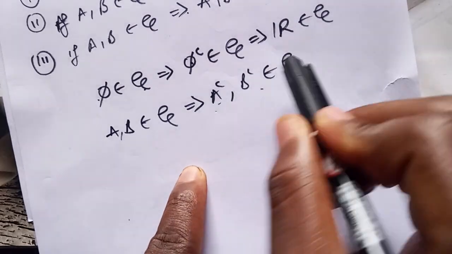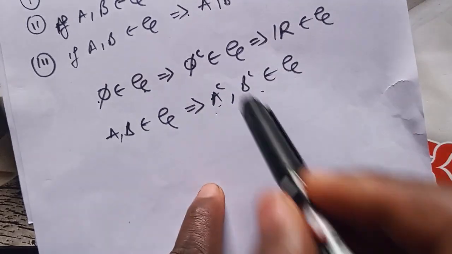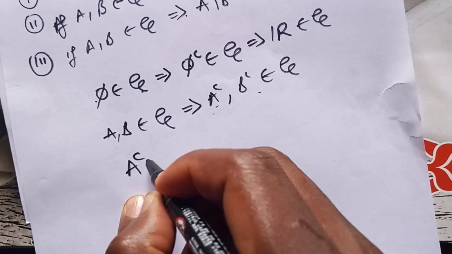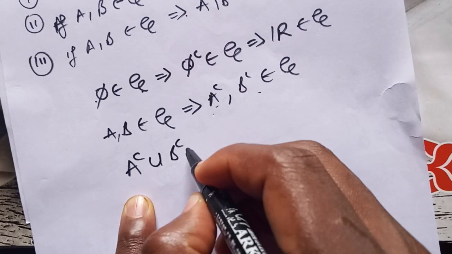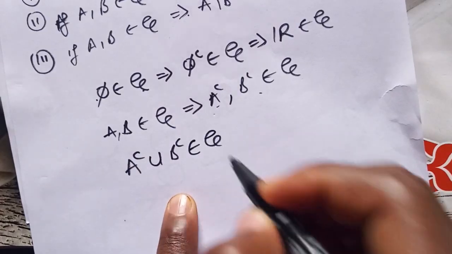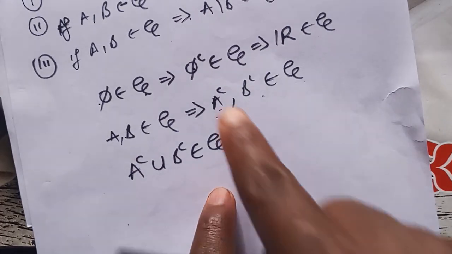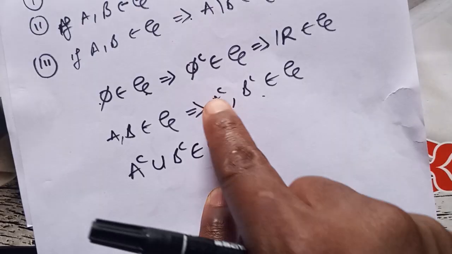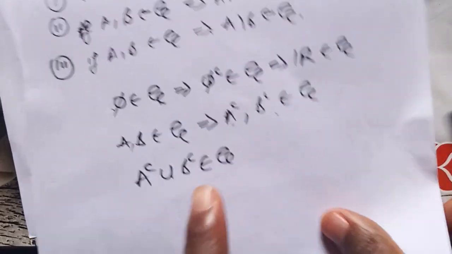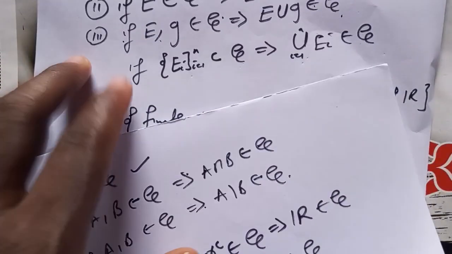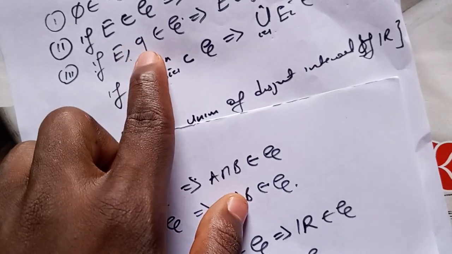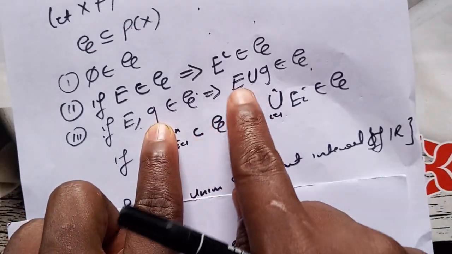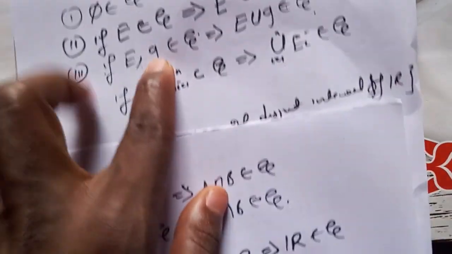Now since this one is in the algebra and this is also in the algebra, then its finite union, A complement union B complement, must also be in the algebra. Because we are saying if this is in the algebra and this is also in the algebra, then the finite union must also be in the algebra. Go to condition 3 here, where we say if these two are in the algebra, then their finite union must also be in the algebra.